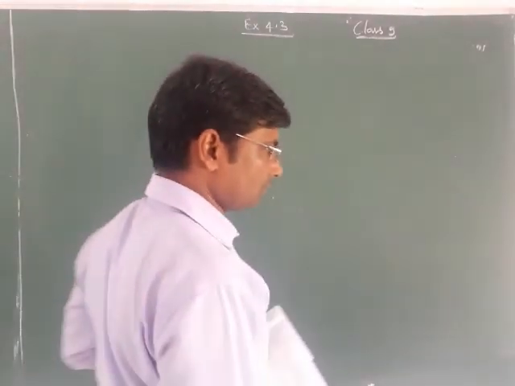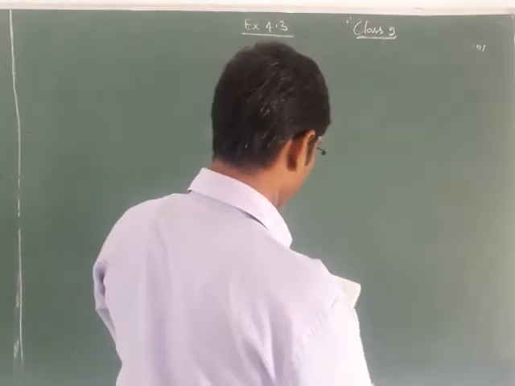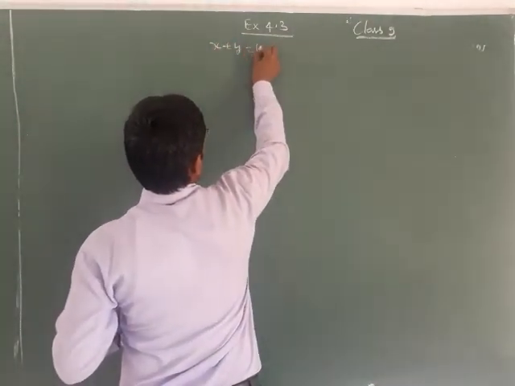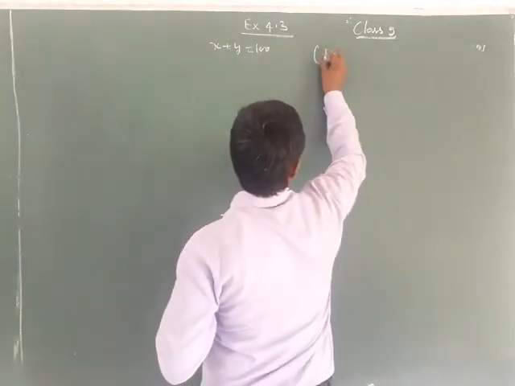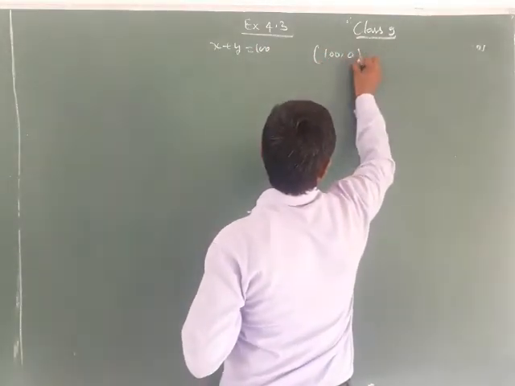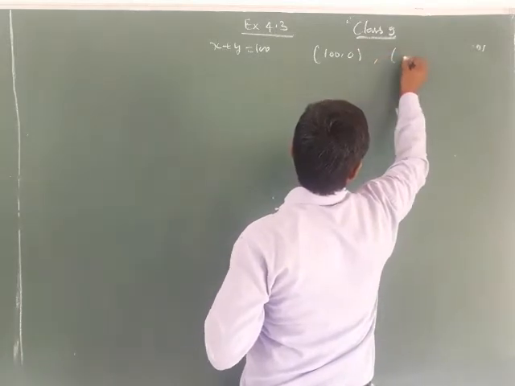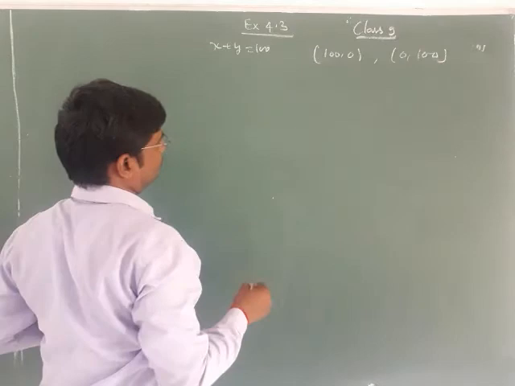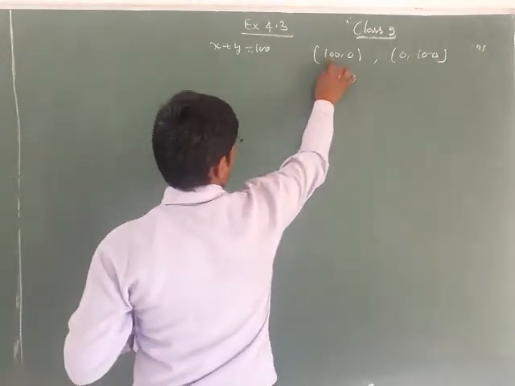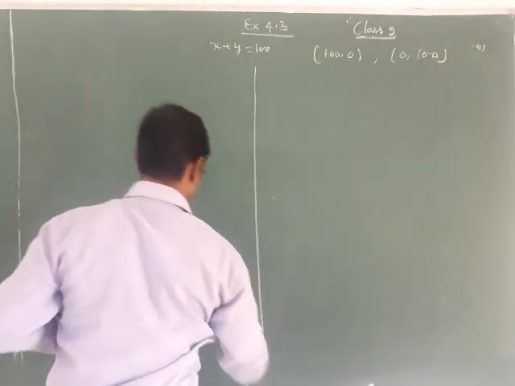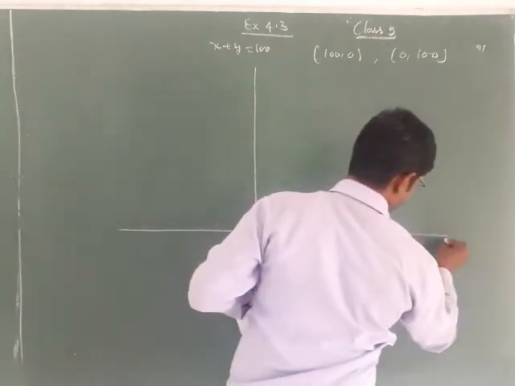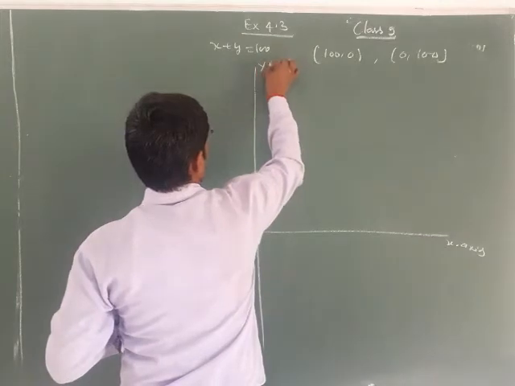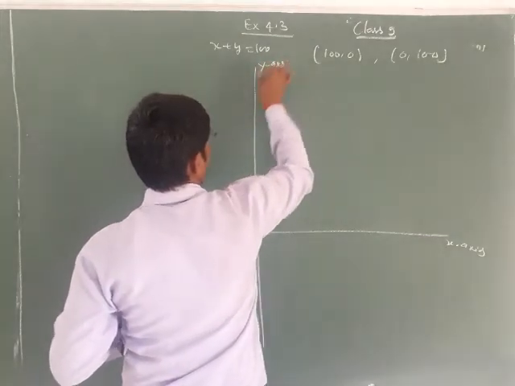Now plot the graph for the equation x plus y is equal to 100, with the point 100 comma 0 and another point 0 comma 100. This is the biggest number. So now let this be the x axis and y axis.